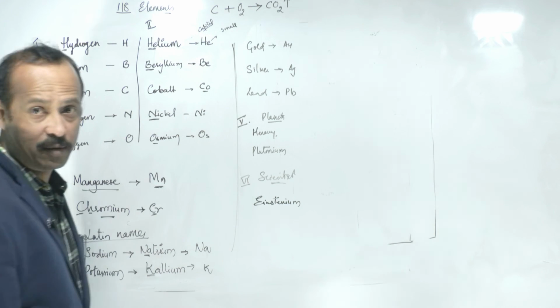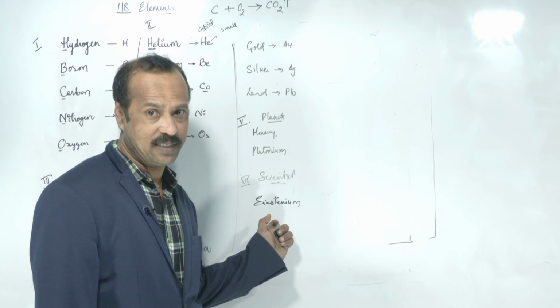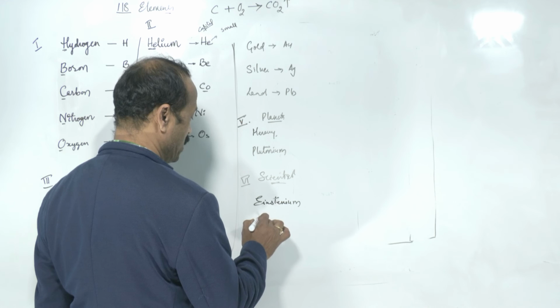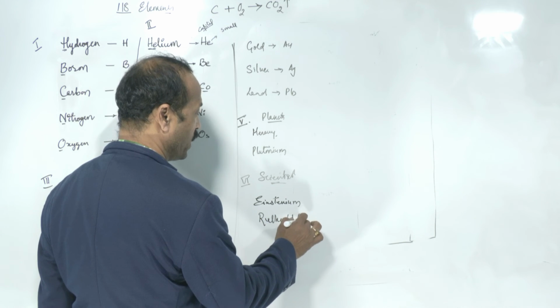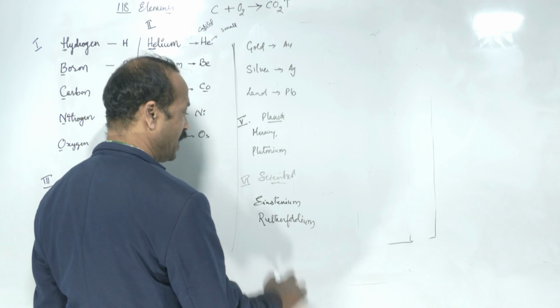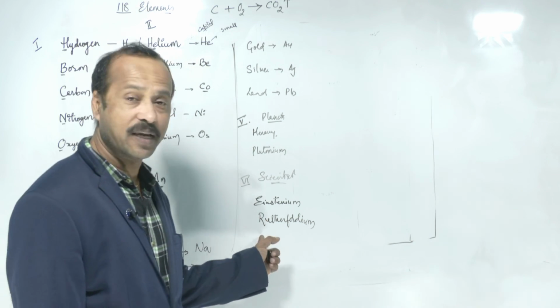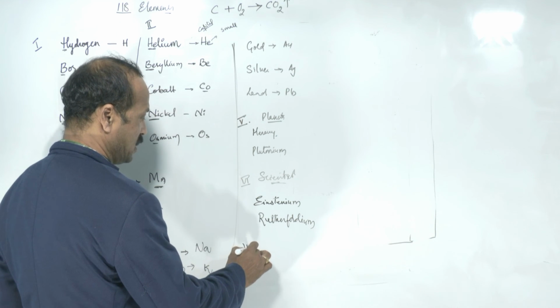One element is given after the name of Albert Einstein. Next you can see some other scientist names also, like Rutherfordium. This is also one element. That element name is Rutherfordium. It is given after the name of the scientist.